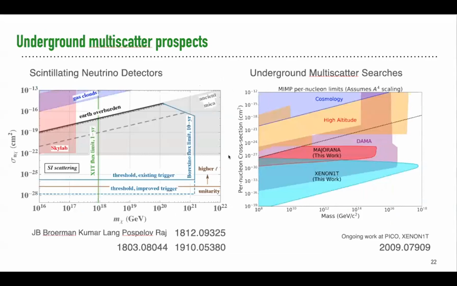So this brings us to underground multiscatter prospects. With a bunch of these authors here, Ben Bromer, a grad student at Queens, Jason Kumar, Raphael Lang, Maxime Pospelov, and Nirmal Raj, we looked at how neutrino experiments could actually go look for this, along with direct detection experiments that are currently running. And in fact, Raphael Lang with a group of authors did some work where they just recast what you could do with existing Xenon 1-ton data in this multiscatter region.